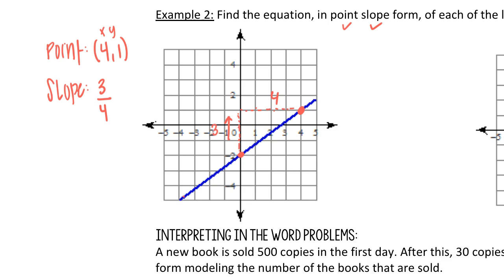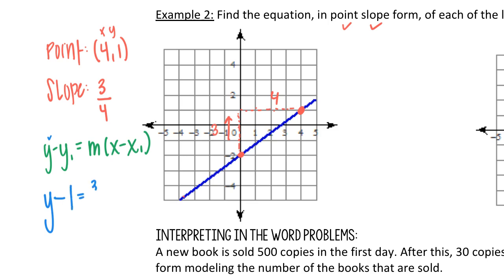Now we can take both of those and plug them into our point-slope formula, which is y minus y1 equals m times x minus x1. Let's give it a shot. This first y you just write as y minus. Our y1 value, or the y value of the point we found, was 1.